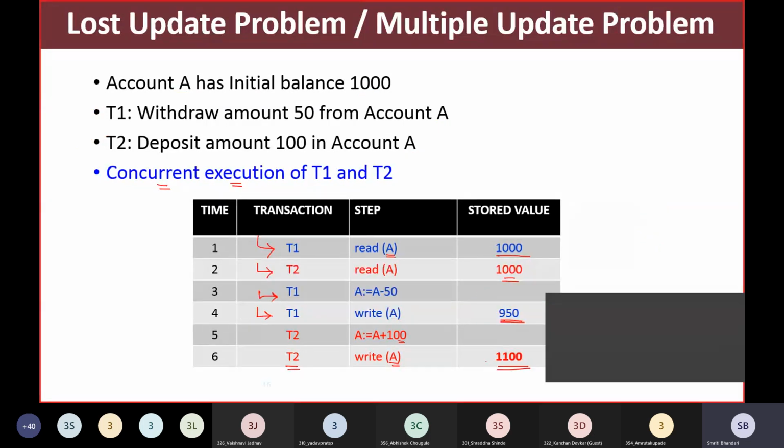But if we are following concurrent execution of T1 and T2, which is uncontrolled right now, and if we allow such kinds of steps while concurrently executing these two transactions, then what has happened here is whatever value was written by T1, that is 950, was lost. So this problem is known as lost update problem. T1 has updated the value, but after that T2 has written the value.